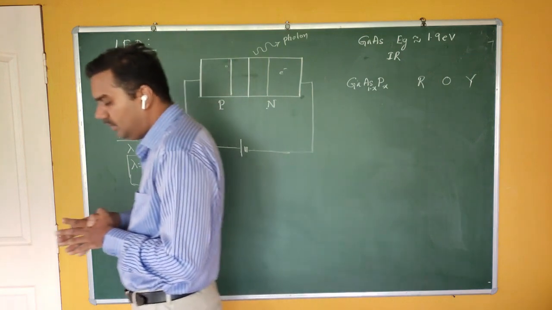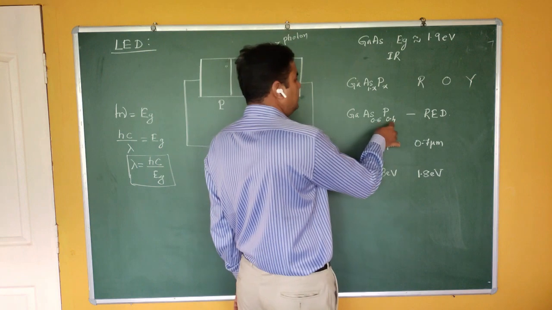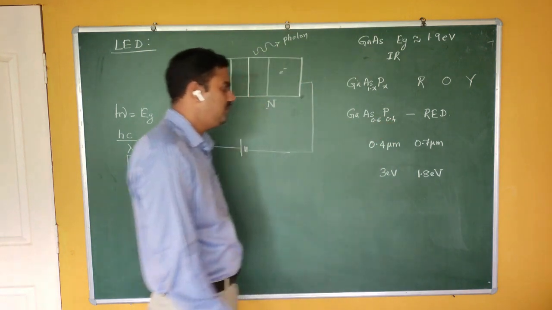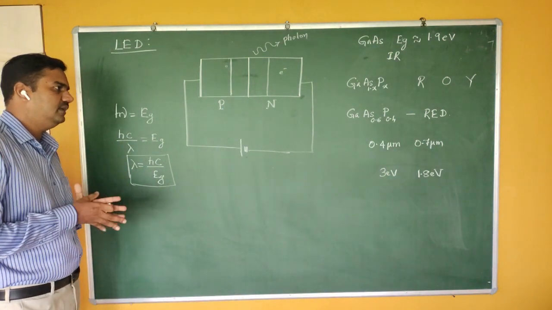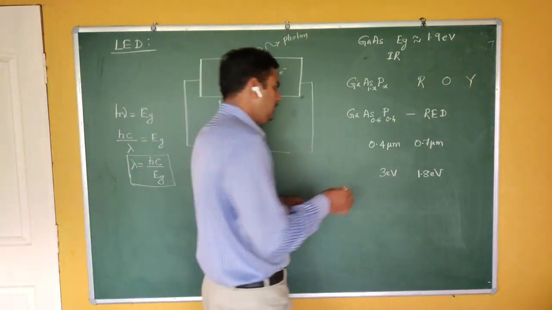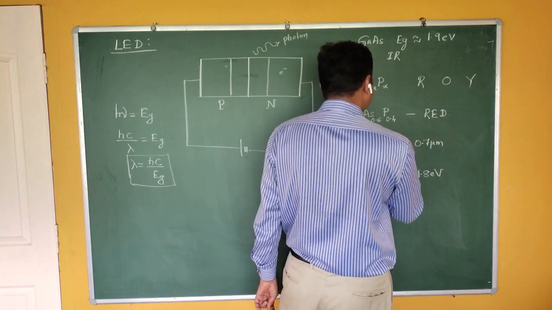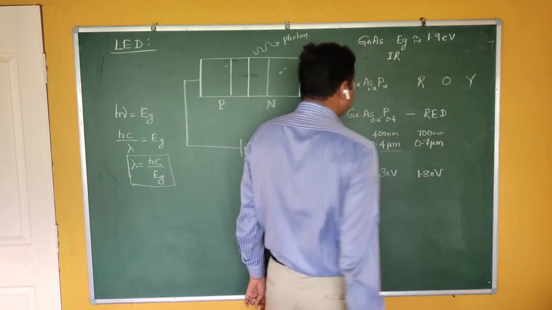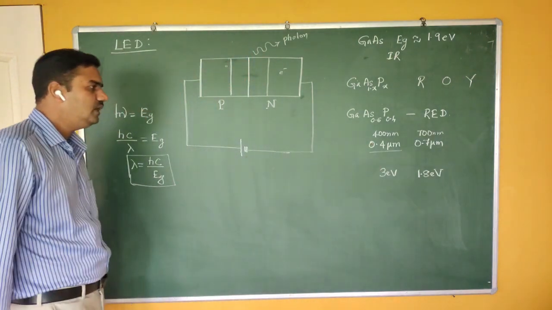If we take a composition like 0.6 gallium arsenide and 0.4 phosphide, then you will get a red color emitting LED. The visible range is from 400 nanometer to 700 nanometer. 700 nanometer means red color, and 400 nanometer means violet color.